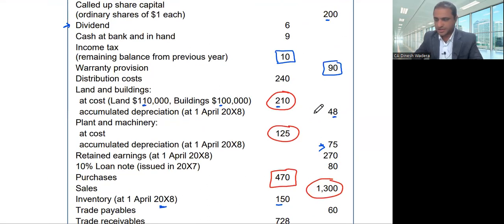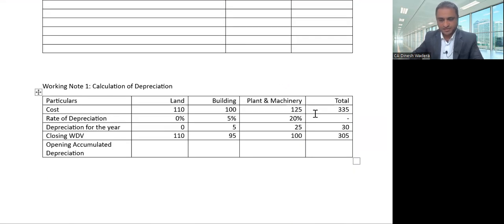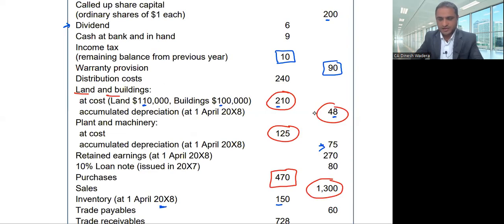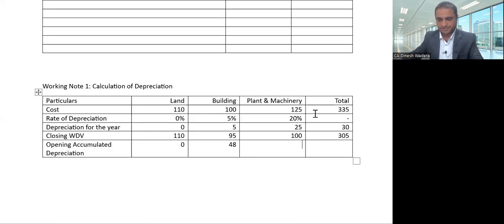Accumulated depreciation here, in land and building, it has 48. So let's mention it 48. Of course it has to be the balance of building only and not the land. And accumulated depreciation on plant and machinery is 75.